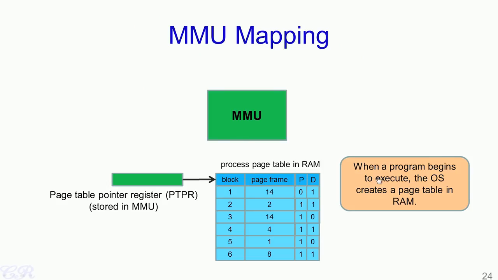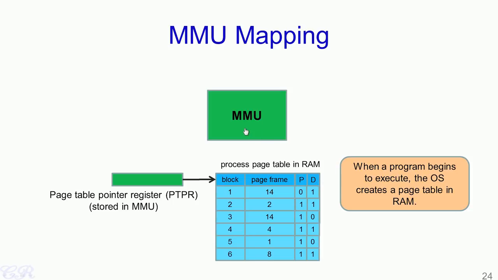When a process begins to execute, the operating system would create a page table for that process in RAM. This is the page table, and as we have seen in the previous video, the page table holds the mapping from the virtual blocks or the virtual address space of the process to the physical page frames, and we have other bits like the present bit, dirty bit and the protected bit, which is not shown here.